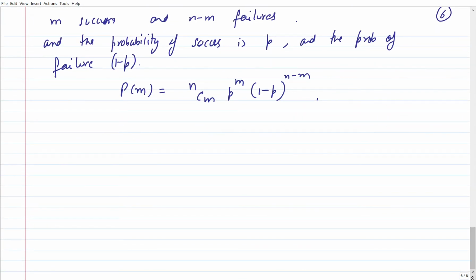Okay, so this probability distribution is known as the binomial distribution.